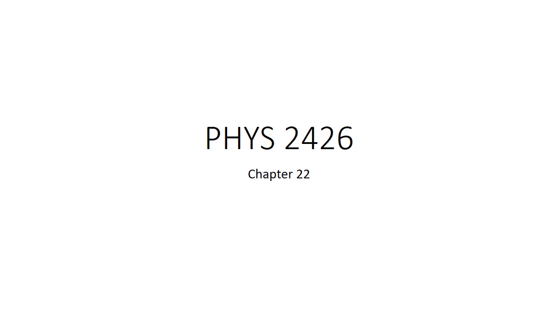So let's consider the general case of a dipole and how you compute the fields around a dipole. Let's consider that I've got a positive charge and a negative charge, and they are some distance d away from each other.